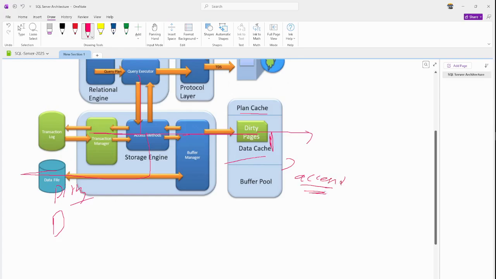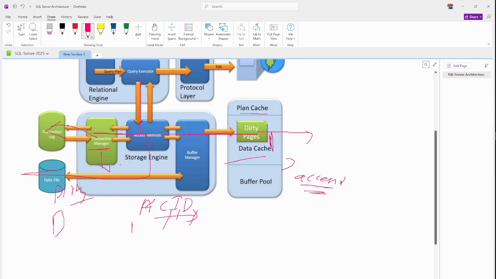So the most accessed files are called dirty pages. Then you have the transaction manager, where it will ensure your ACID properties, your atomicity, then consistency, then isolation and durability, by coordinating with transaction logs.